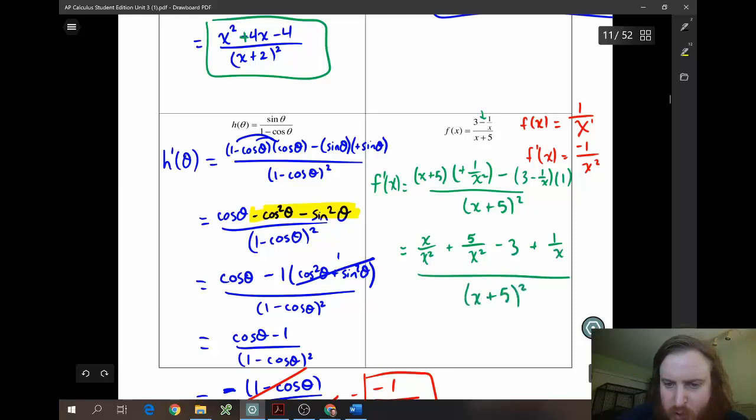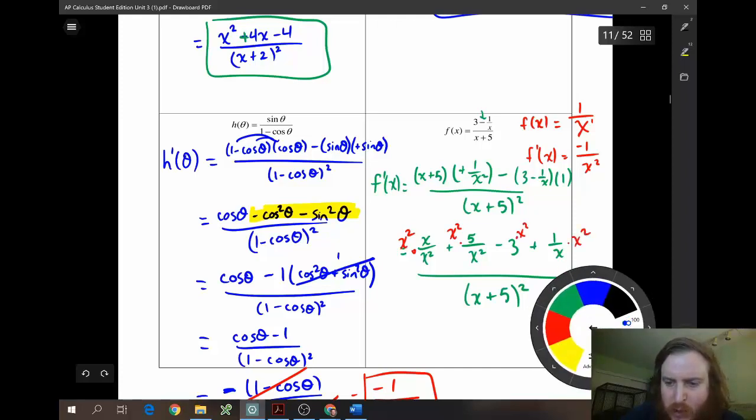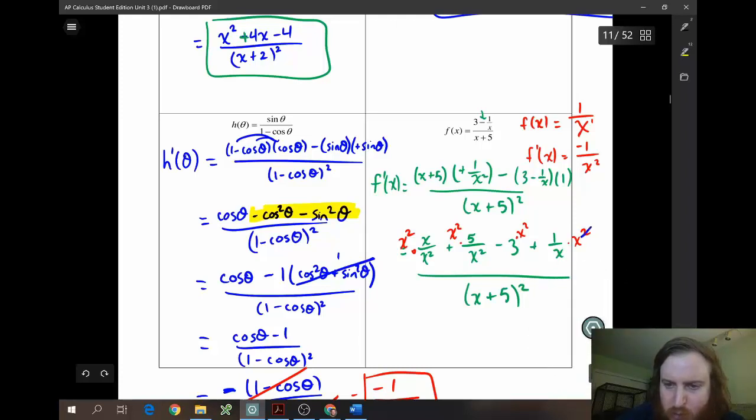And now I'm going to multiply every single term by x squared. So times x squared, times x squared, times x squared, and times x squared. And what we're going to end up having happen is that 1x will cancel out there, and then the full x squared terms will cancel out here.